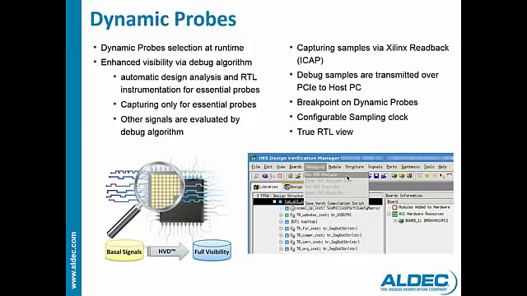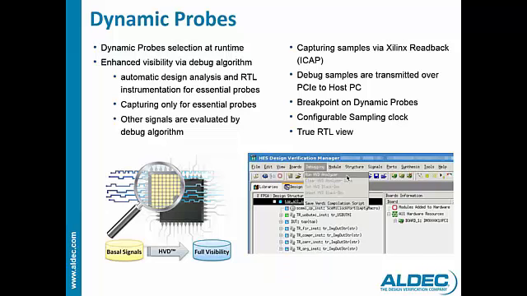You can select the signals and run the emulations with dynamic probes. You'll be able to run the emulation at full speed until the breakpoint. Then you can start to select the dynamic probes and move along at a slower pace.